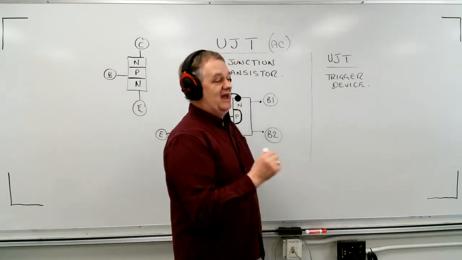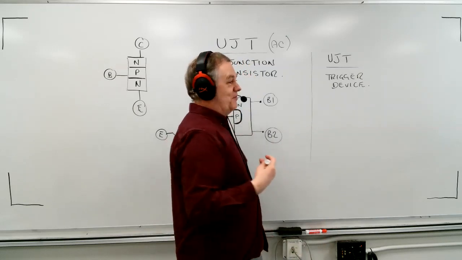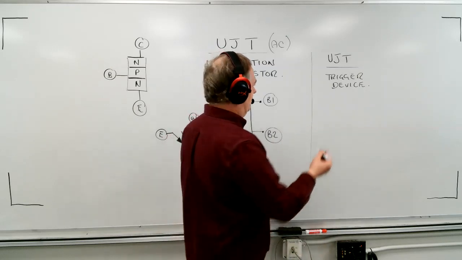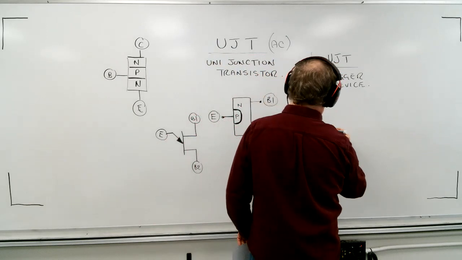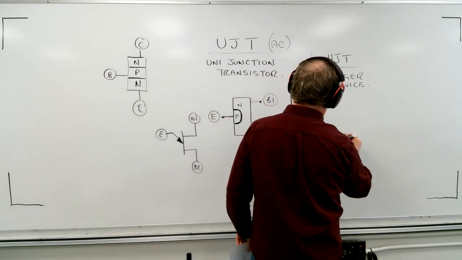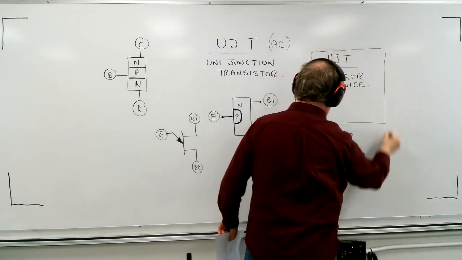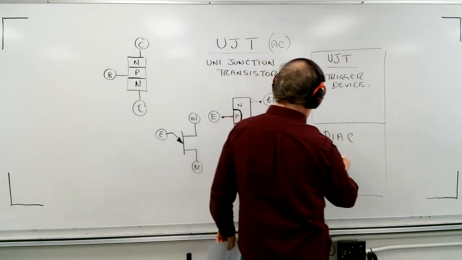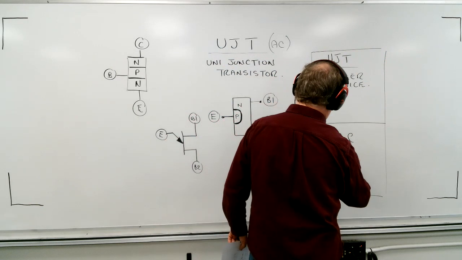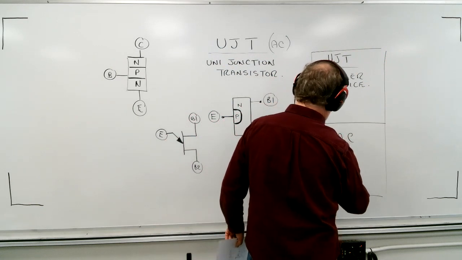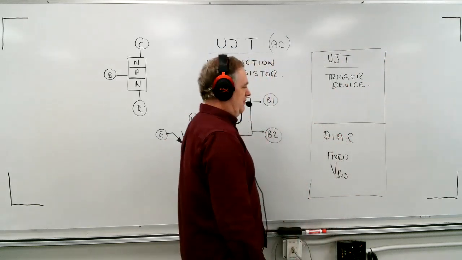The only difference, operation-wise, between the UJT and the DIAC, here's the DIAC down here, UJT here, DIAC here, is that the DIAC has a fixed VBO. It's by design when they make it.